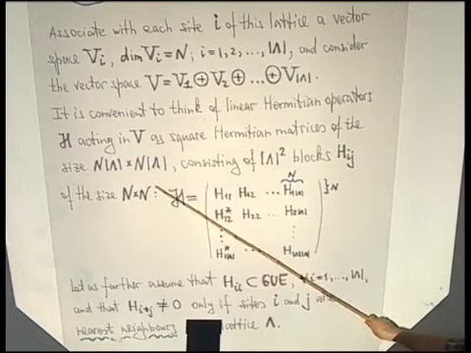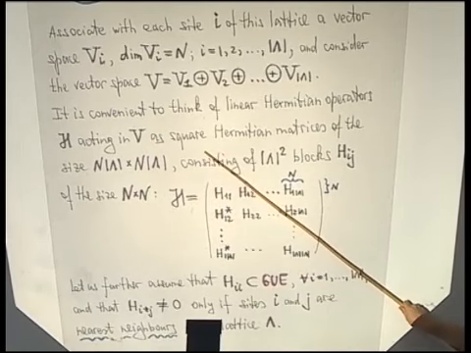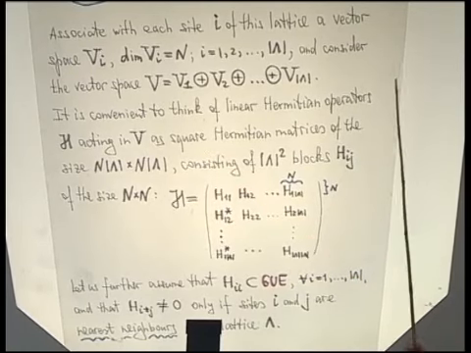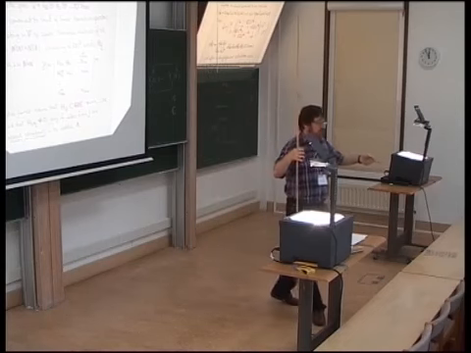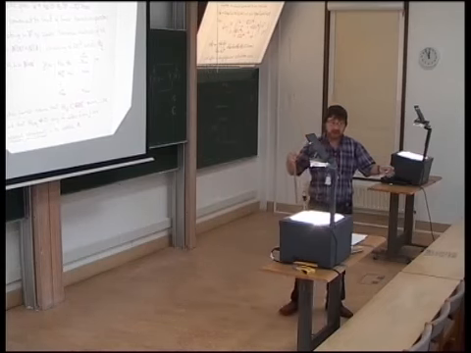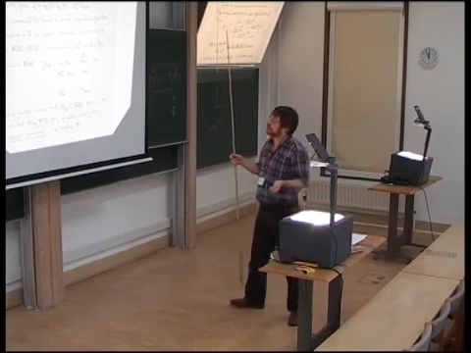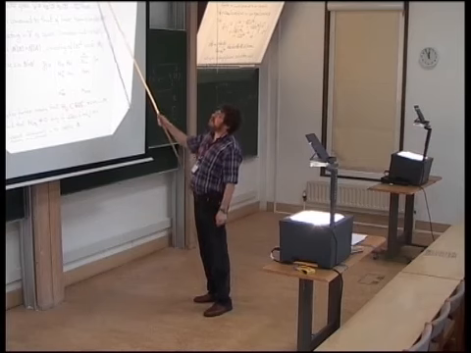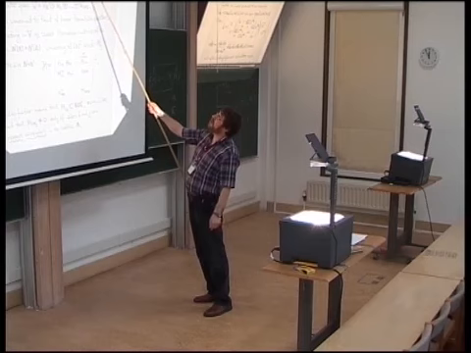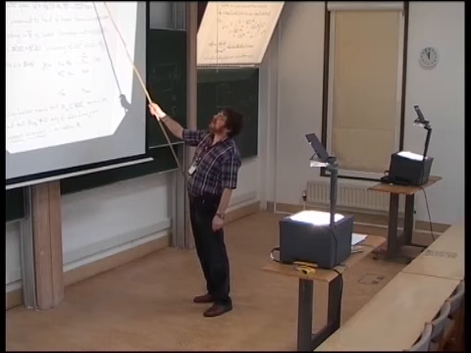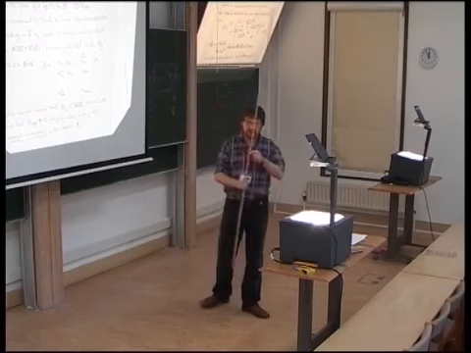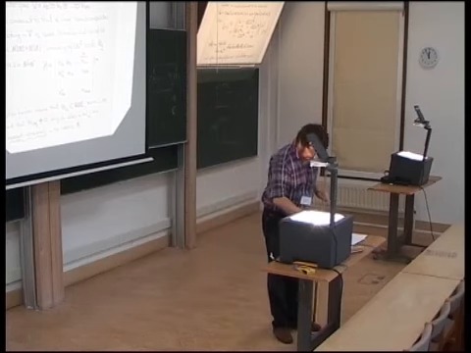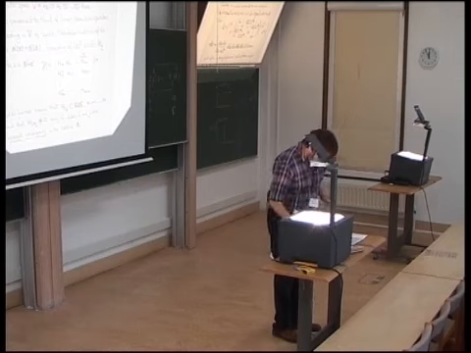In the one-dimensional setting, it will be just a block tridiagonal matrix. In the high-dimensional setting, I cannot so simply draw this in the form of a matrix, but it's completely clear what I mean: only those blocks in this matrix are non-zero where indices i and j are nearest neighbors on my lattice.